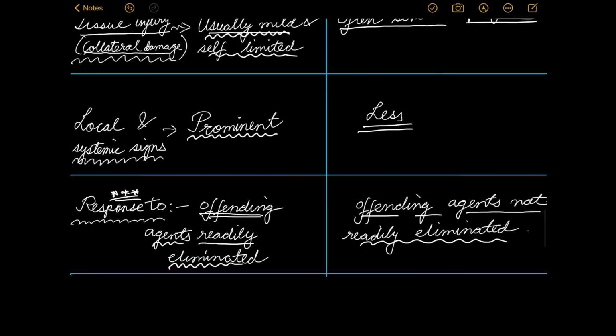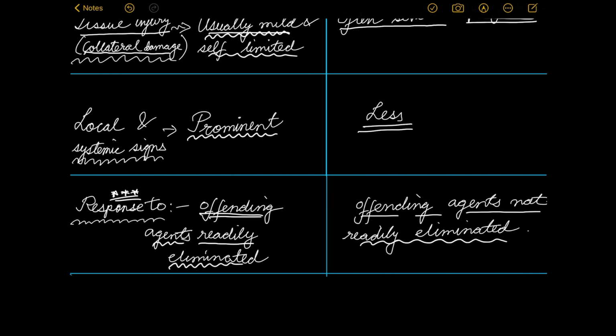And the systemic and local signs will be prominent. Why? Because you are eliminating the offending agent very fast, right? So a lot of things are happening very fast at the site of inflammation. This will be physically or externally manifested in certain cardinal signs, which I'll come back to later.